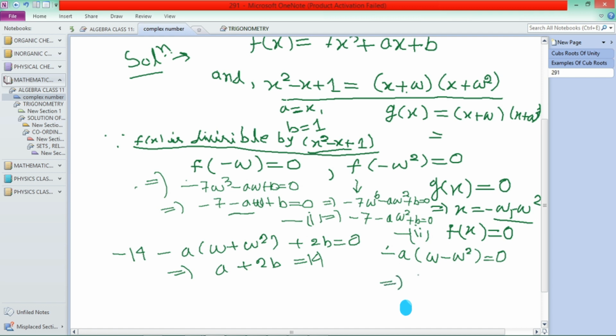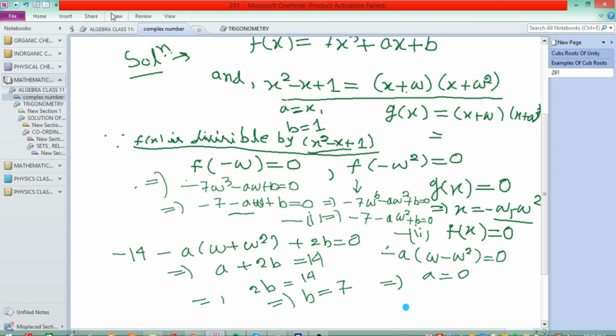Now you also know that omega minus omega square does not equal 0. So a equals 0, and if a equals 0, in this equation you get 2b equals 14 and b equals 7.